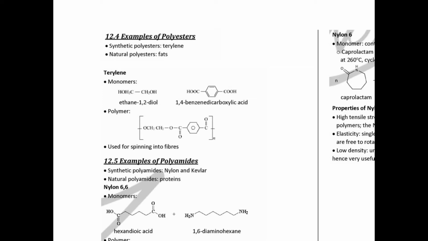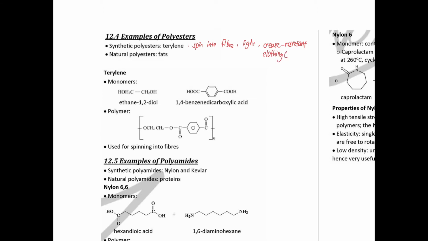Okay, what is this? Terylene is actually the polyester which is used in clothes. So Terylene you can spin into fibers, and then they are used to make light, crease resistance clothing.